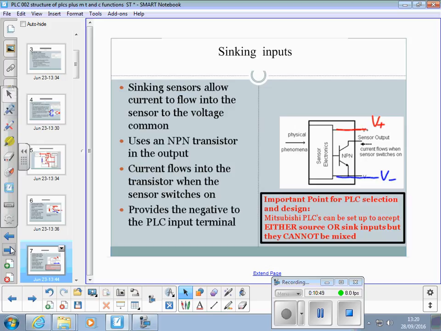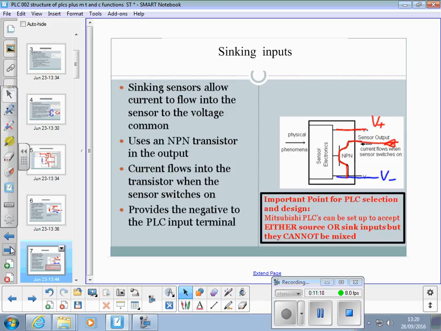The transistor is an NPN type where the current flows out of the PLC input down through the transistor to the negative rail. It effectively provides the negative to the PLC input. Okay, it sinks the current. So one provides the source, the other type provides the sink.